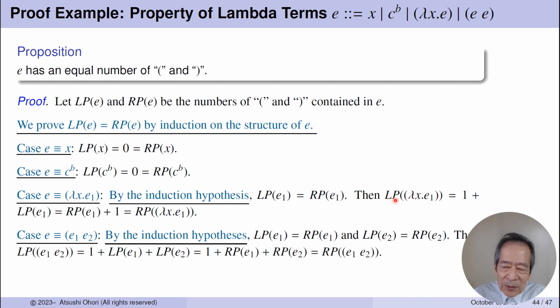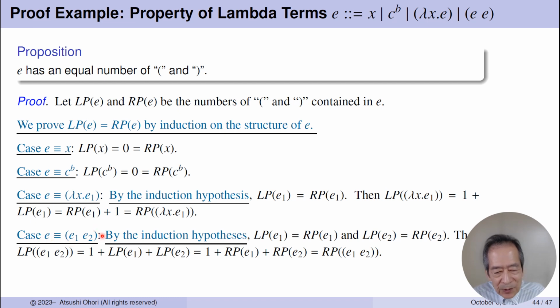According to the meaning of LP of this lambda term, it is 1 because you have one parenthesis here, and any other one comes from E1, so 1 plus LP(E1). Same for right parentheses: RP(E1) plus 1. Under the assumption that LP(E1) and RP(E1) are equal, 1 plus LP(E1) and 1 plus RP(E1) are equal, so you are done.